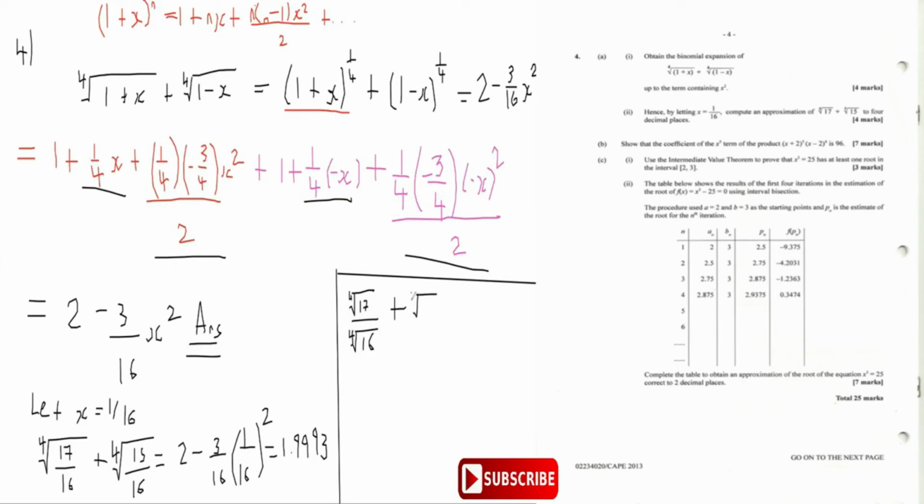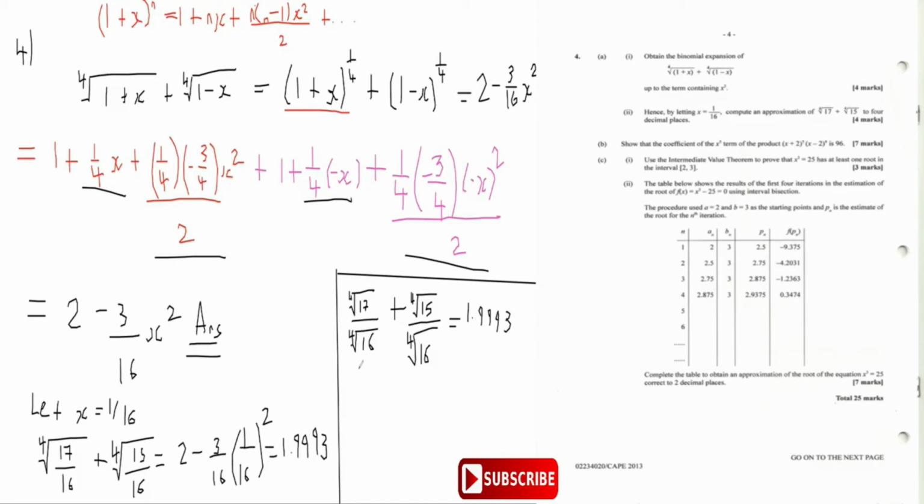We can break it up as the square root of 15 over the square root of 16. And that's equal to 1.9993.